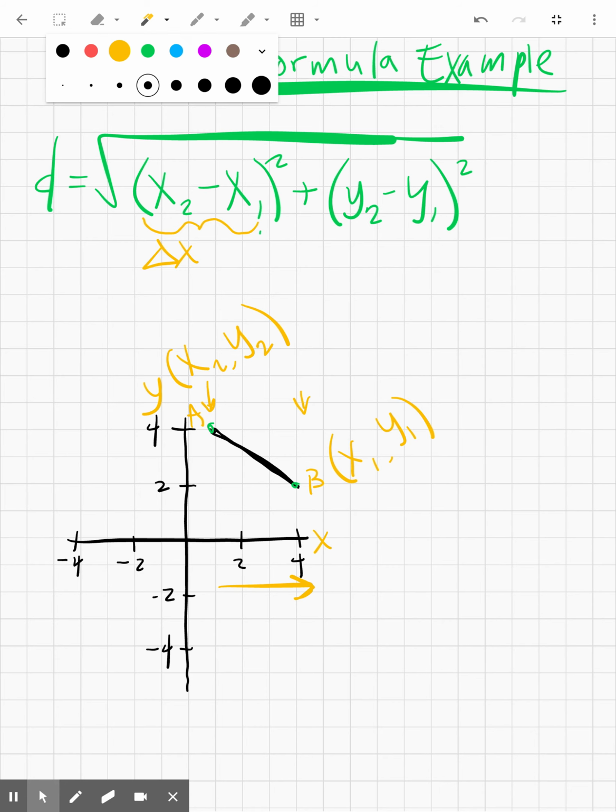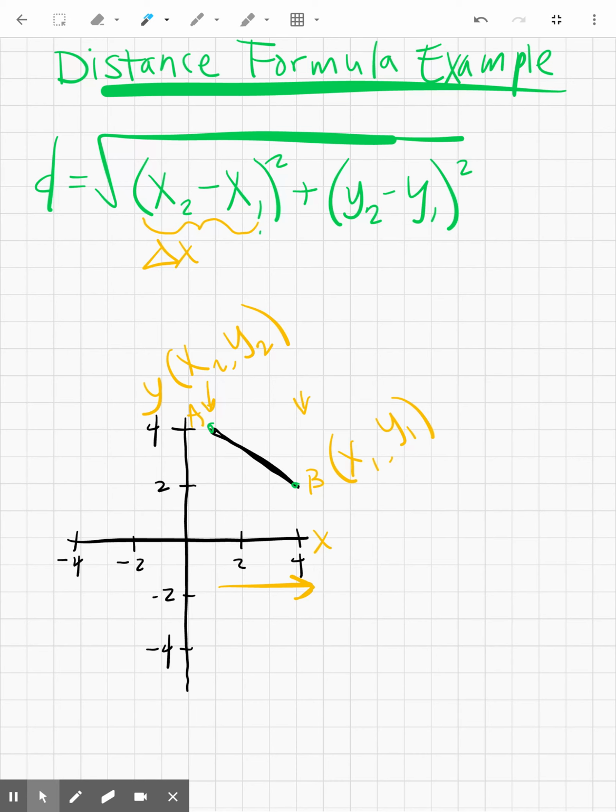Now, essentially, y2 minus y1 is the exact same thing, but with up and down. So we're looking here at your change in y. So how far down, or up in other cases, but in this case we're going down, are we going from A to B? That's your change in y.